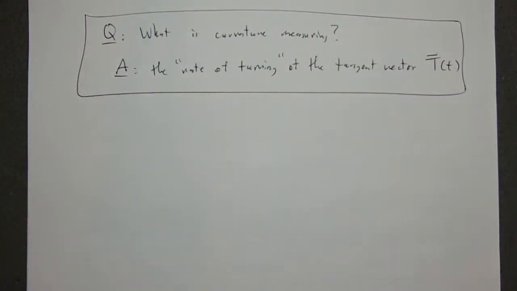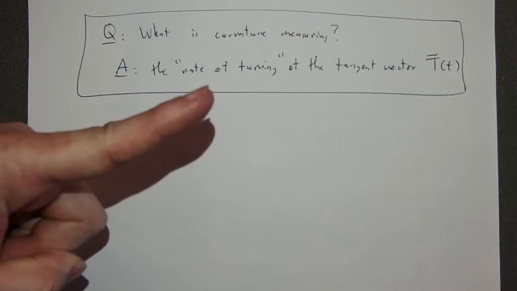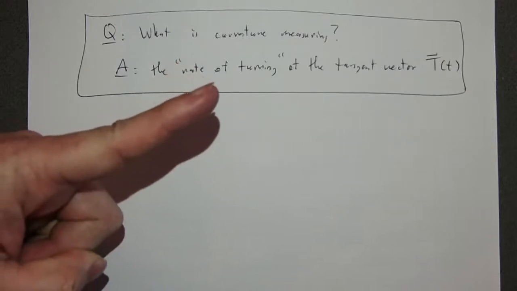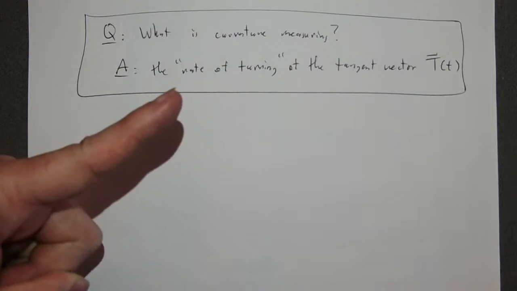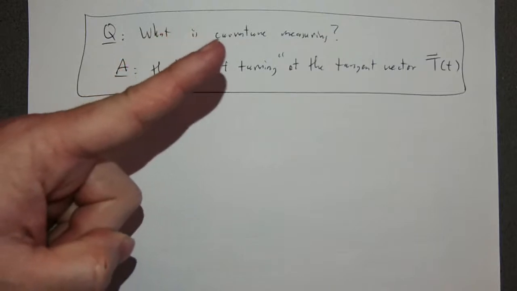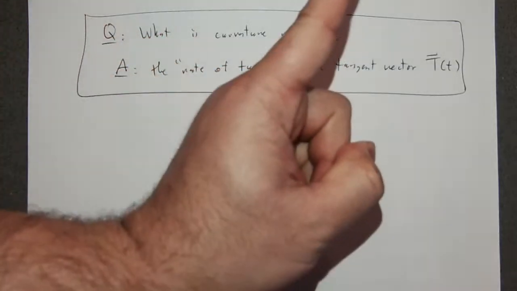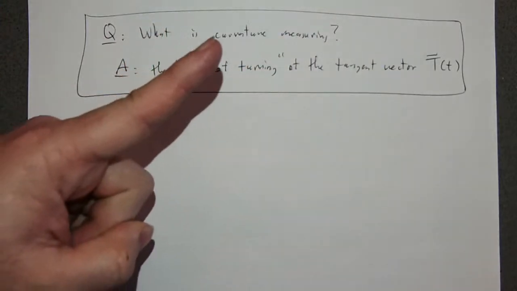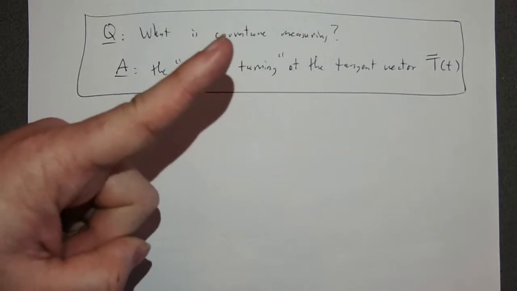And when you think for a second, right, if I have a curve and my finger's tracking the tangent vector, then trying to come up with an intuitive description of how curved my curve is absolutely going to involve the rate of turning, right? Because if my tangent vector is turning, my turning is measured by something called a turning angle.